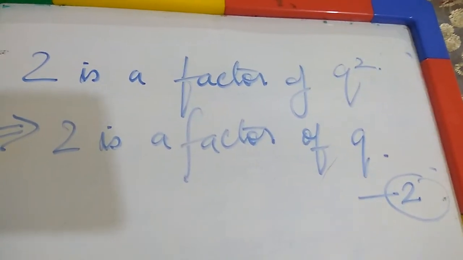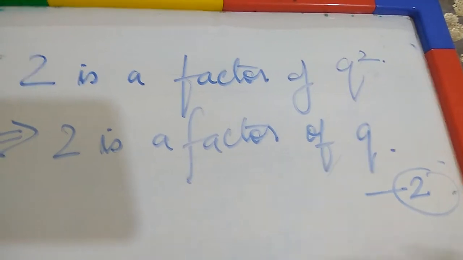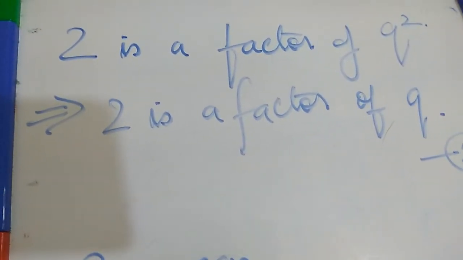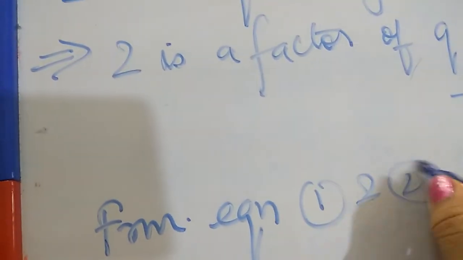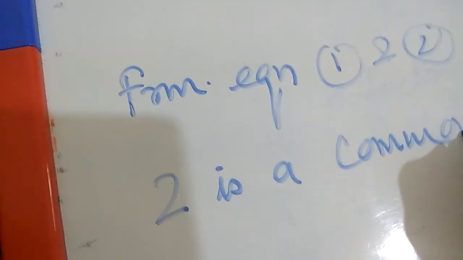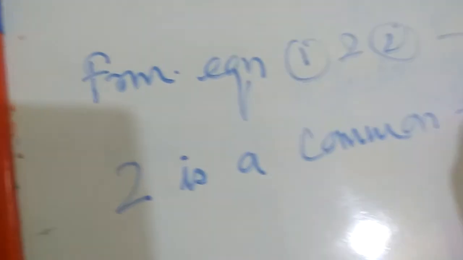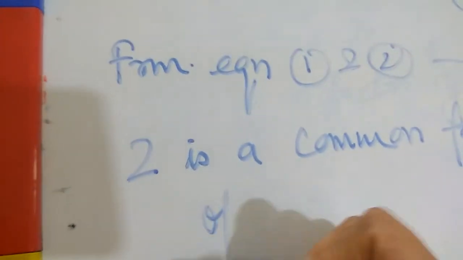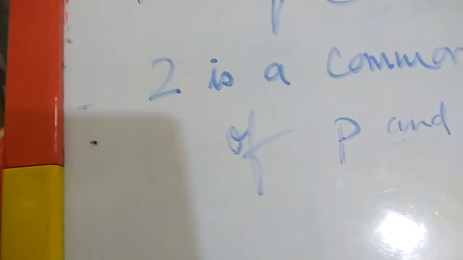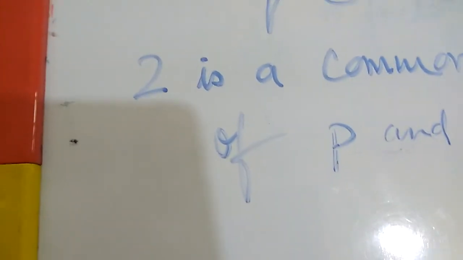Now from equation 1 and equation 2 we conclude that 2 is a common factor of p and q.